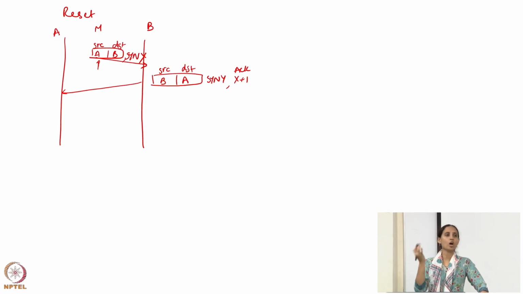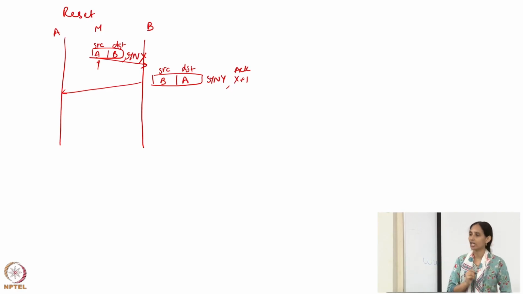Mallory just took on A's IP address and put it as part of the packet. Routers will forward the packet to whoever A is. They are not going to send it to Mallory, because routers will do their own routing. So, this packet actually will reach A, because the destination is A. Mallory just assumed that identity, but the routing framework will send it to the right destination.